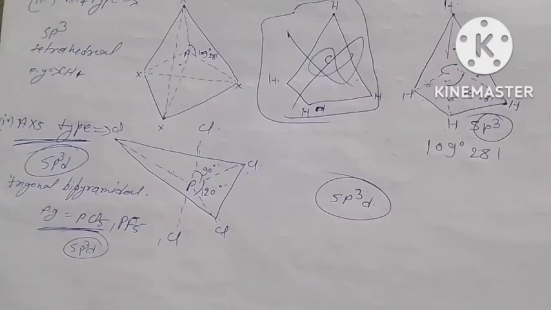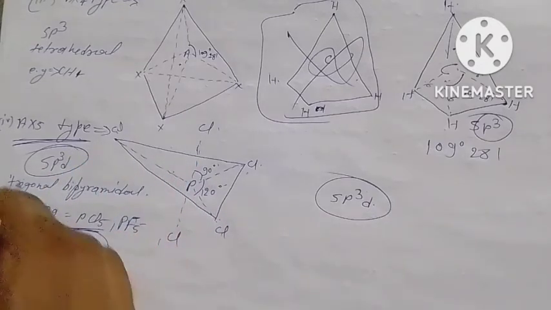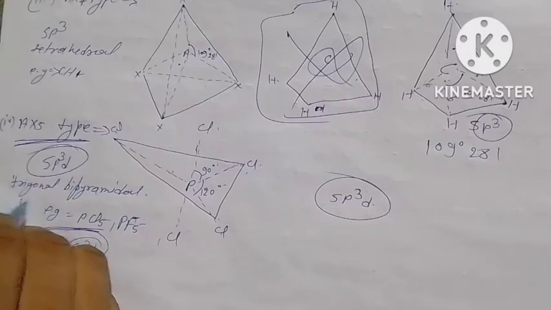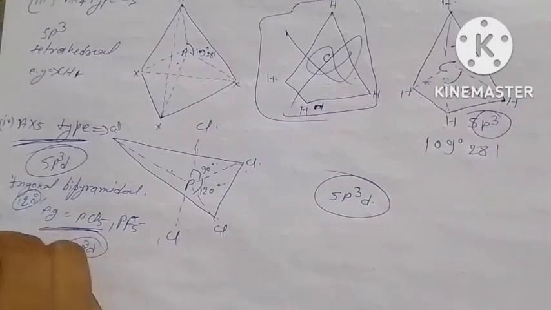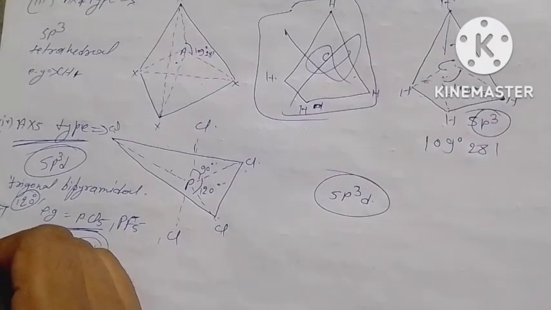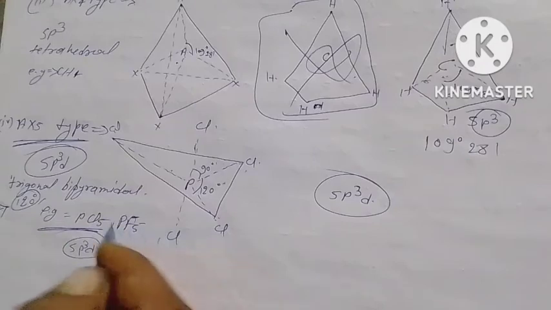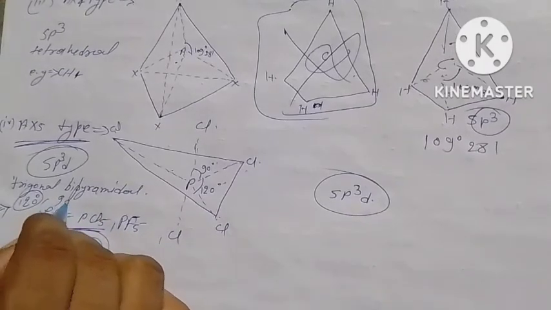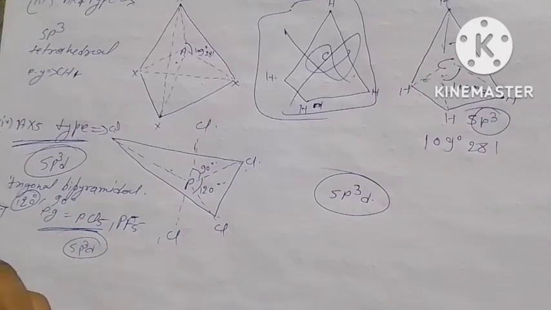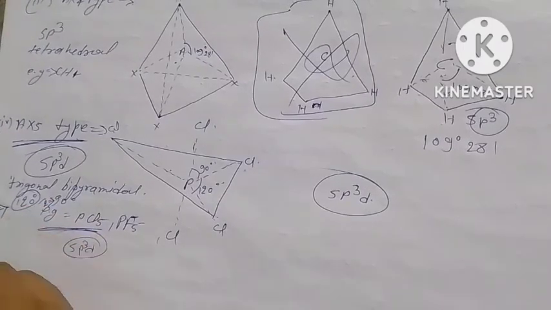So the structure and shape is trigonal bipyramidal, and the 3 bond angles are 120 degrees. Whereas the axial bonds experience 90 degree repulsions, hence the 2 bond angles become 90 degrees.